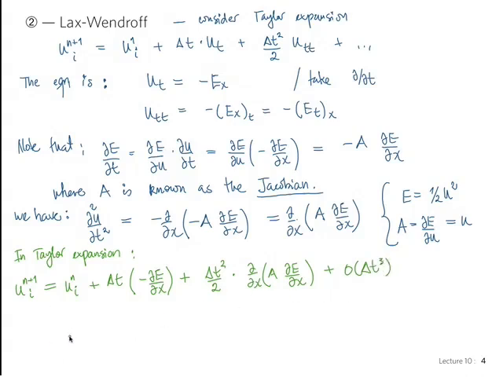So thus we have the following: we can make the time derivative here, subtracted by u n I and divided by delta t, equal to minus dE dx plus delta t half.